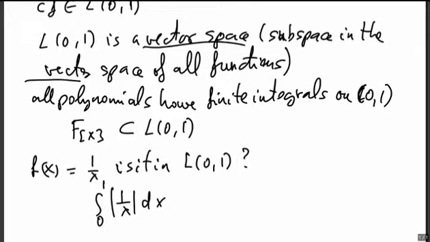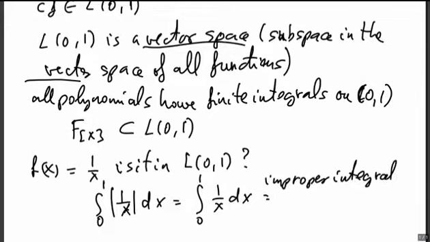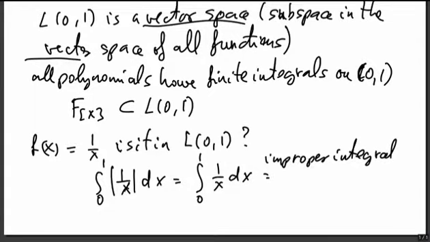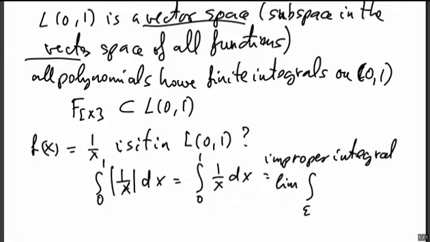Well, from 0 to 1, x is positive, so we don't need the absolute value sign, just 1 over x dx. Let me remind you from calculus 2 that this is actually an improper integral because the function is undefined at 0. So the way we're supposed to get over this problem is that we integrate from epsilon to 1 and then we push this epsilon to 0 from the right through positive epsilons.